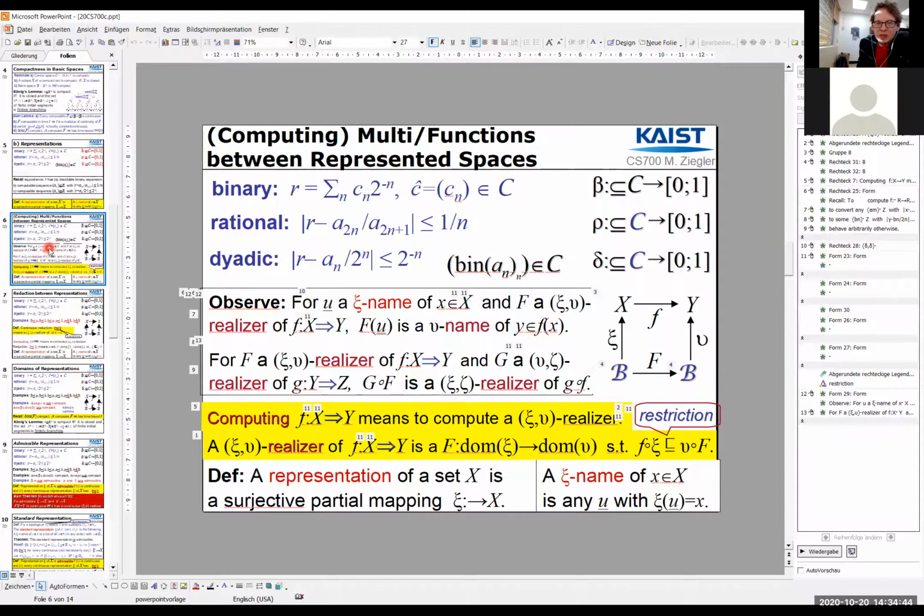We defined composition of multifunctions, and thus all the nice computability properties for functions between represented spaces would immediately extend to properties of computable multifunctions between represented spaces. For example, closure under composition.